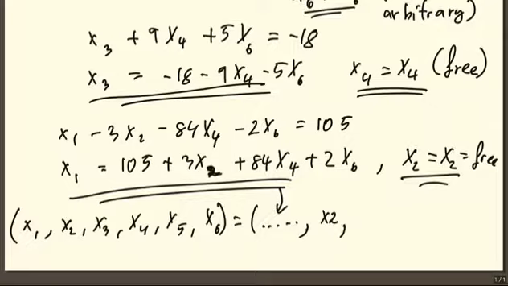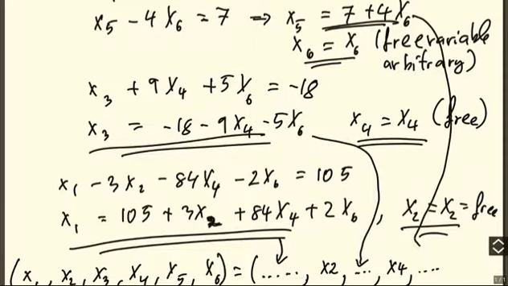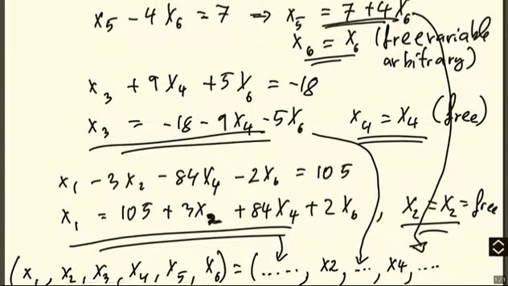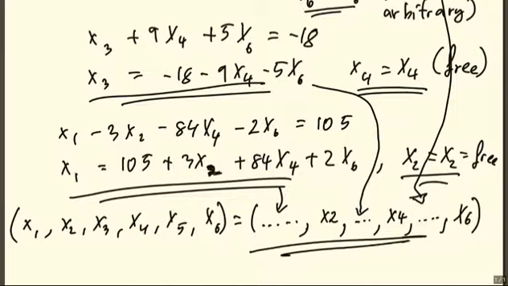For x3 we write the formula. Then for the free variable x4 we just write x4 since it's arbitrary. Then x5 we have a solution in terms of x6, and x6 is a free variable. So this is the way you can enter the solution in WebWork for this kind of problem, for example.